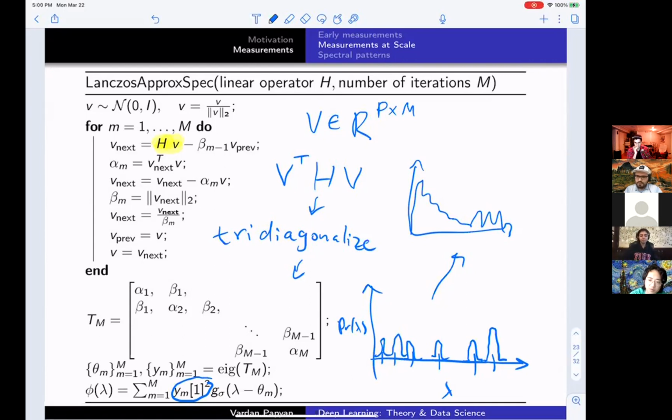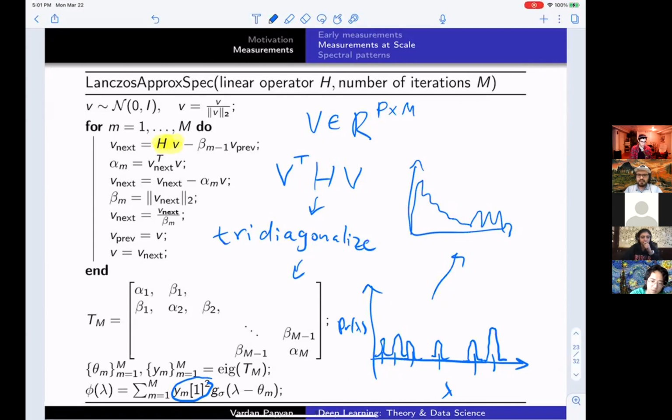How would this work for infinite dimensional operators? Can you provide some intuition about this algorithm and why it should converge to the real spectrum? I don't have any intuition that I can provide for why it would converge to the real spectrum.